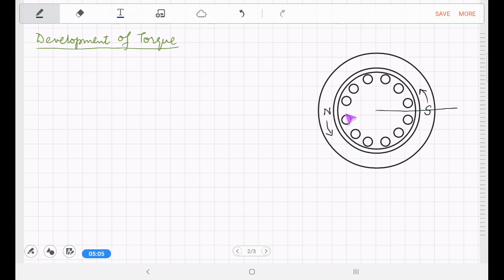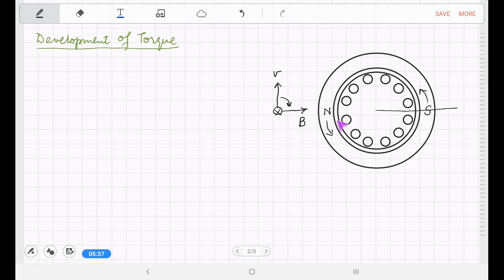We see that if we consider a conductor at the center of the north pole, the velocity of the conductor relative to the field is upwards, v, and B is directed towards right. And if we apply the v cross B rule, we can easily see that the direction of the induced EMF will be into the plane.